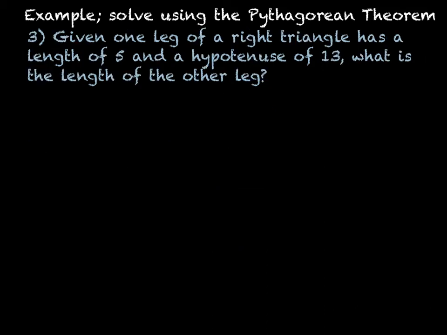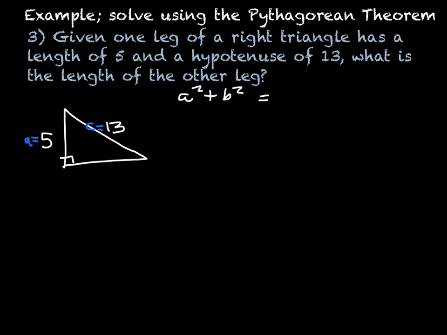Example 3. Given one leg of a right triangle has a length of 5 and a hypotenuse of 13, what is the length of the other leg? So, I know that one of my legs is 5, and I know that my hypotenuse is 13. So that makes A or B equal 5 and C equal to 13. So in my equation, a squared plus b squared equals c squared, I need to solve this.